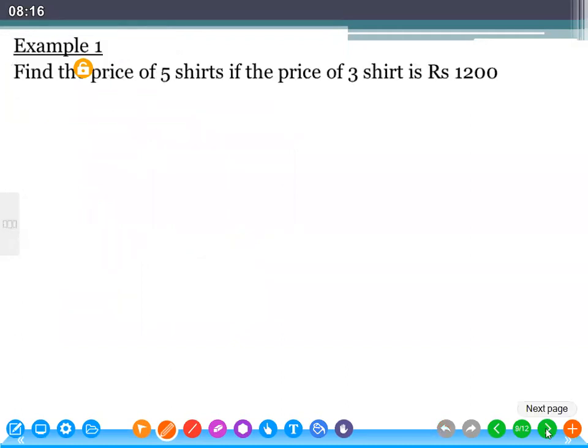So look at this example 1. Find the price of 5 shirts if the price of 3 shirts is rupees 1,200. So there are also two different quantities. One is the number of shirts, the other one is the price.